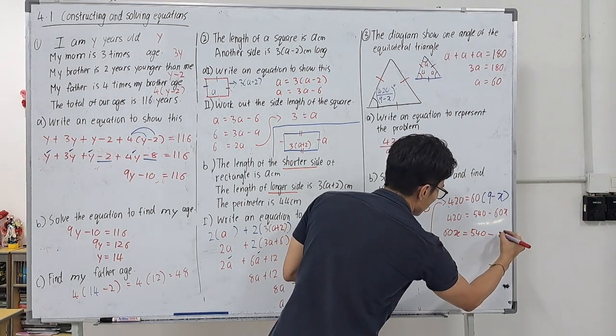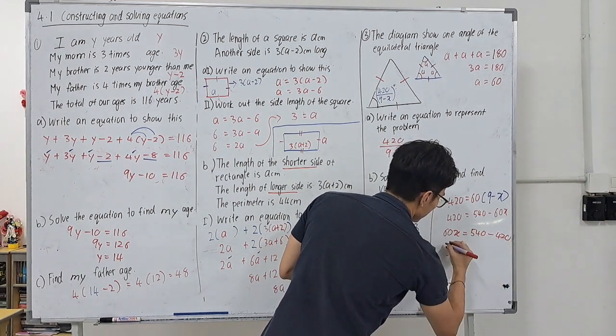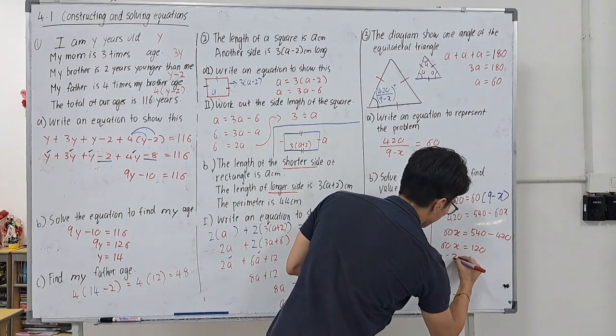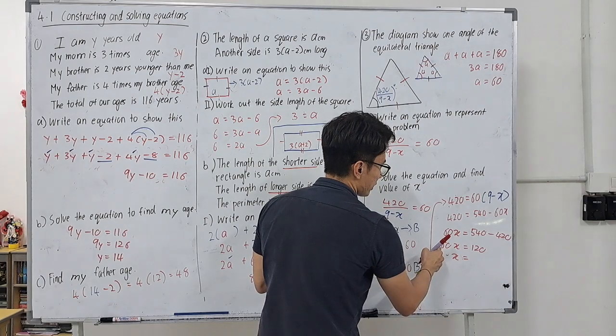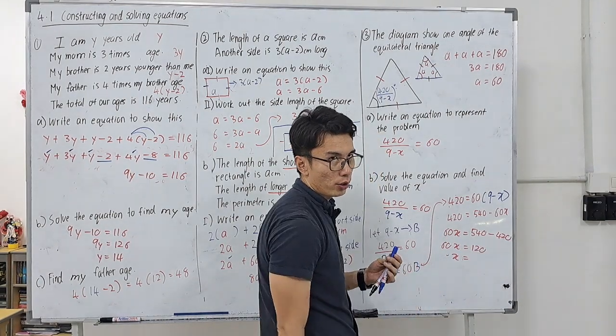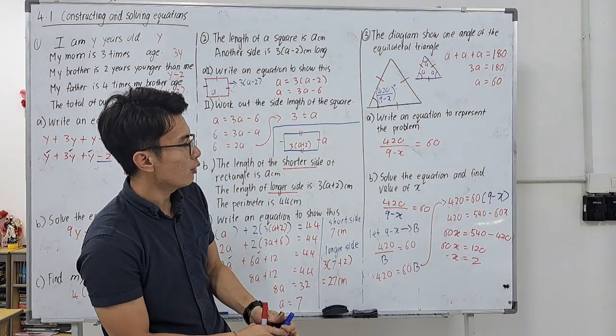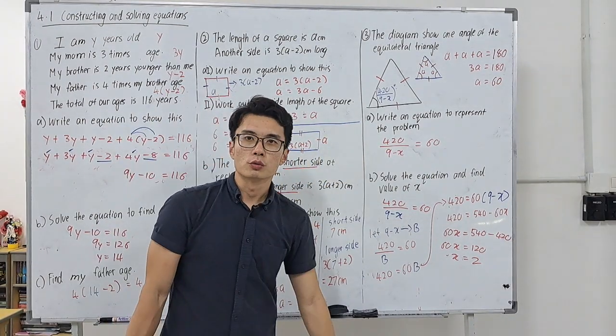Move 420 over, that gives me minus 420. Subtract, that gives me 120. And 60 moves over here: 120 divided by 60 gives me 2. So the value of x over here is 2.